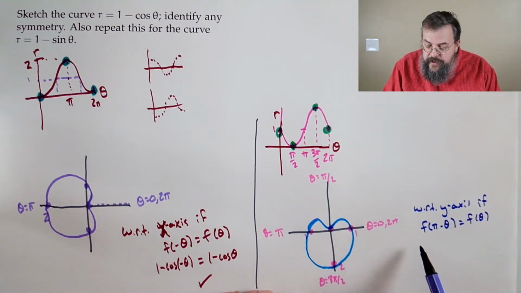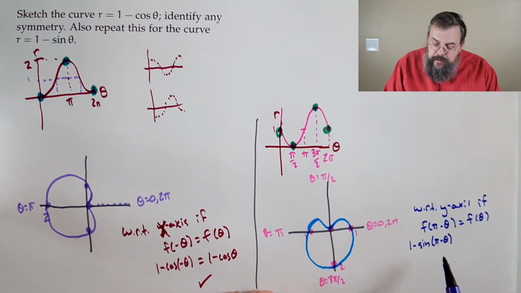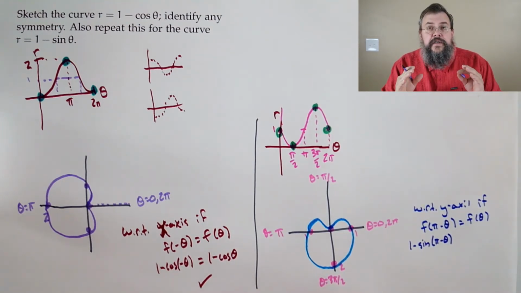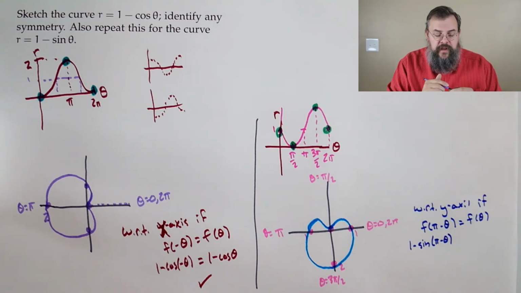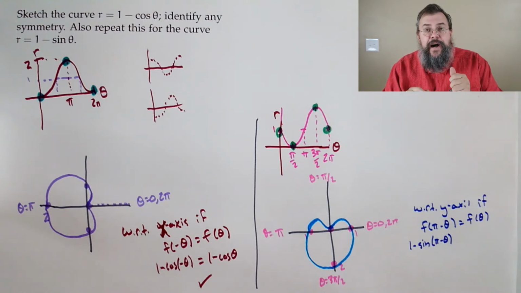Well, what do we have? We have the function 1 minus sine of pi minus theta. Now, you need to know a little bit about sine. Sine and cosine are not pi periodic, they're 2 pi periodic. So what happens if you shift by a factor of pi?